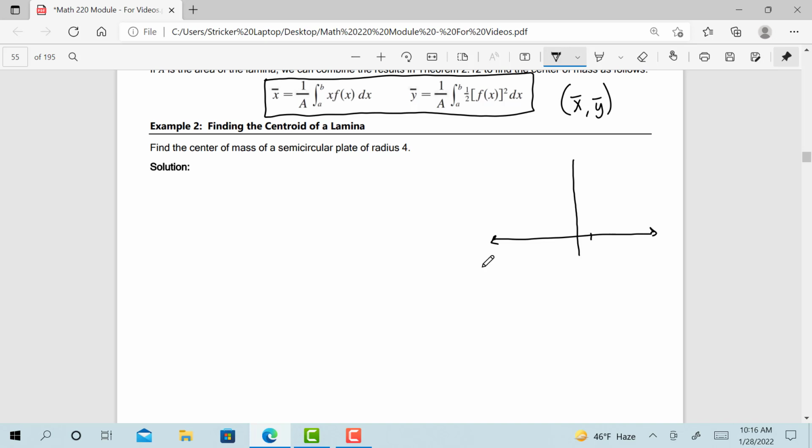So I'm going to number out here to 4 and then draw in our semicircle. It's going to look like this.